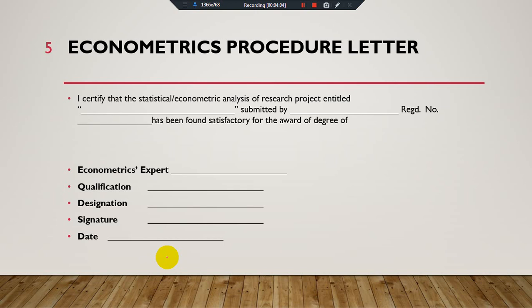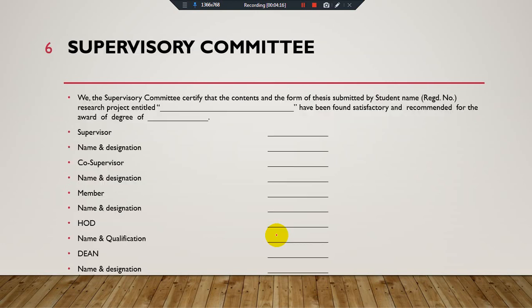Here the econometric expert provides his signature, designation and the date when he or she checked your econometric procedure. And on the next page we have a supervisory committee. Here your supervisor name, co-supervisor name, members, HOD and your dean, and all the information is given on this page.